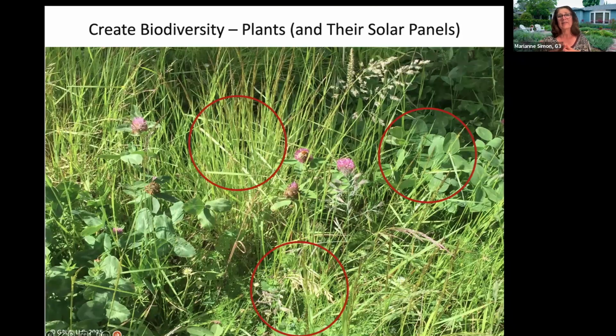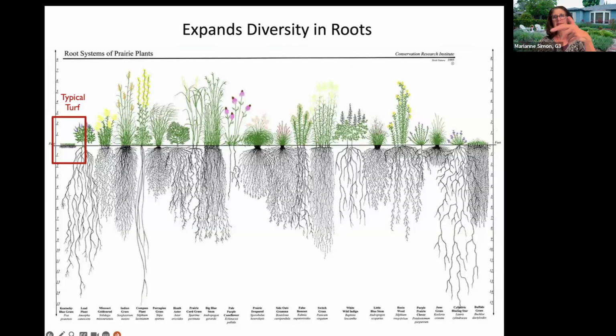Coming back to that idea of diversity, we talk about the leaves as solar panels, right? That's how plants manage photosynthesis. And so the more variety we have, the greater the ability of those plants to do so. That diversity goes down into their roots. And what's fascinating here is a lot of people, for example, you've got Bermuda grass, you've got St. Augustine grass, and you go, oh my God, the roots are so deep, I'll never get rid of them.